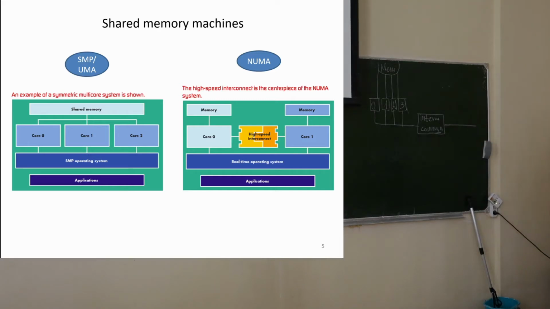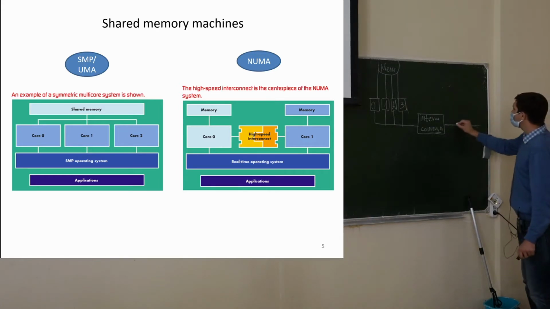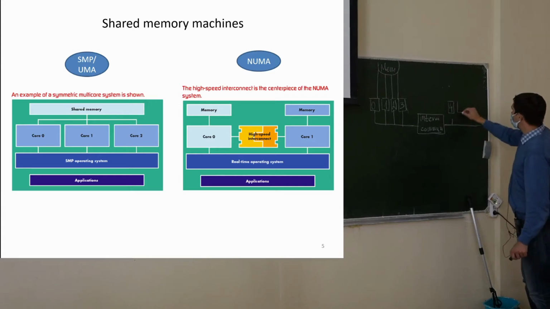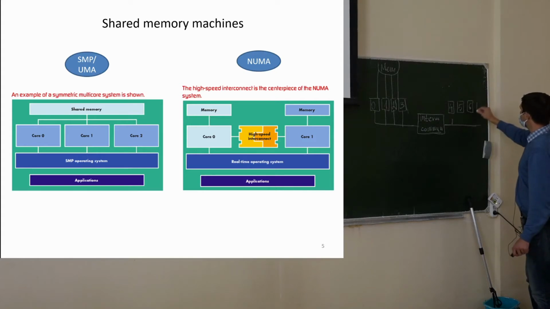And now we can consider in detail this core. You can see just one, but here will be more. For example, 4, 5, 6, and 7.